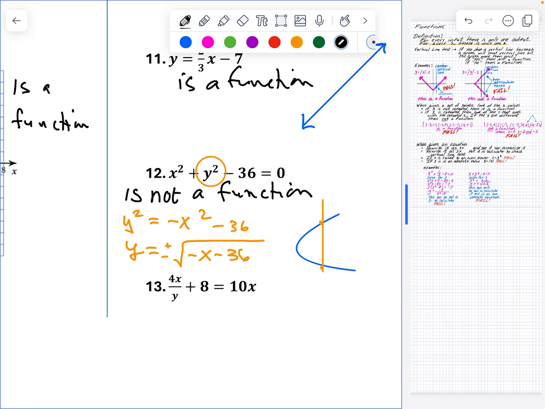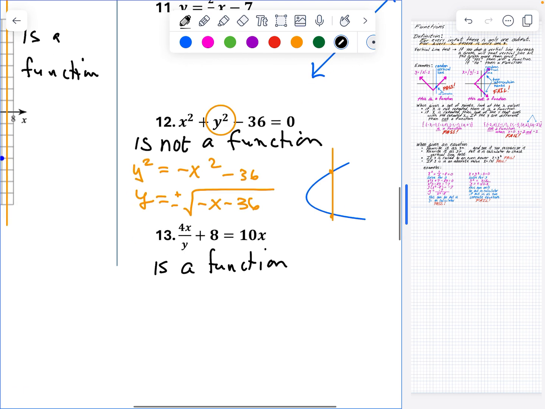Okay? This one is a function. Right here is y. Y doesn't have any crazy powers with it. Y is not inside an absolute value symbol. So that would be a function. If you were to solve for y, you would have 4x plus 8y equals 10xy.